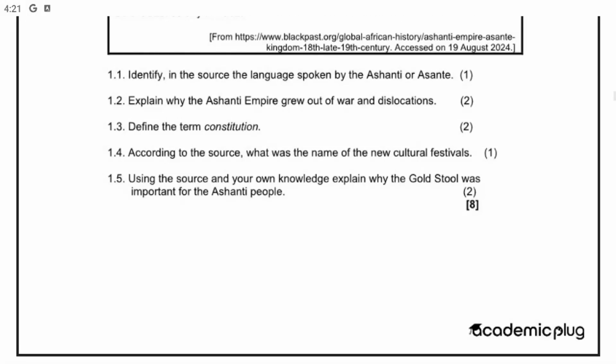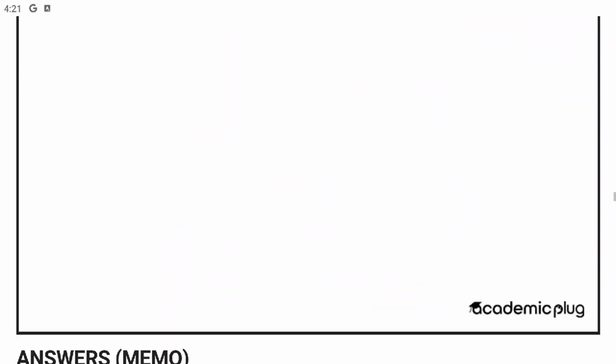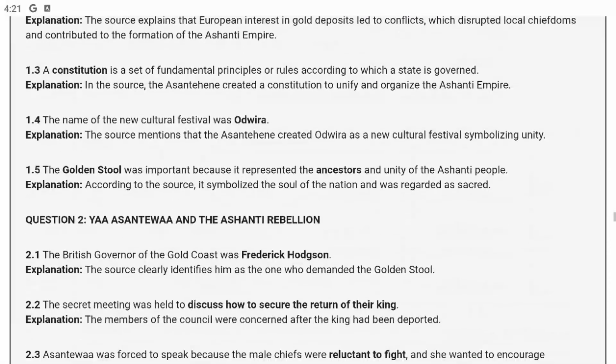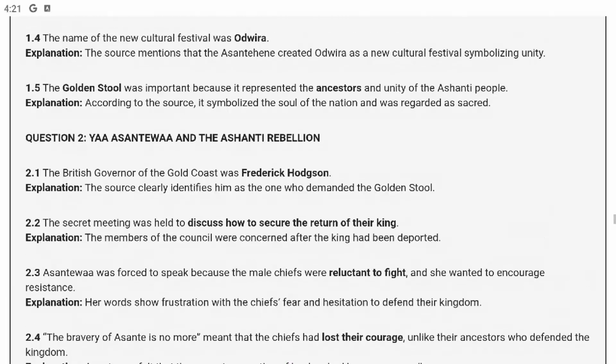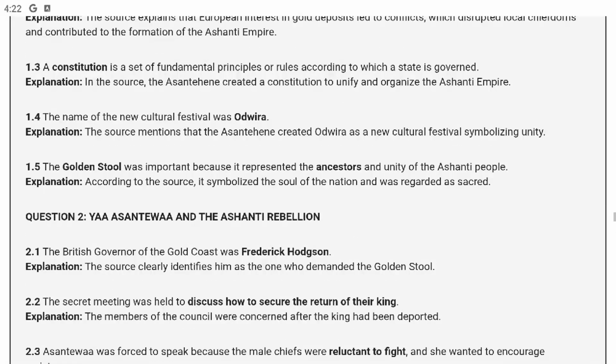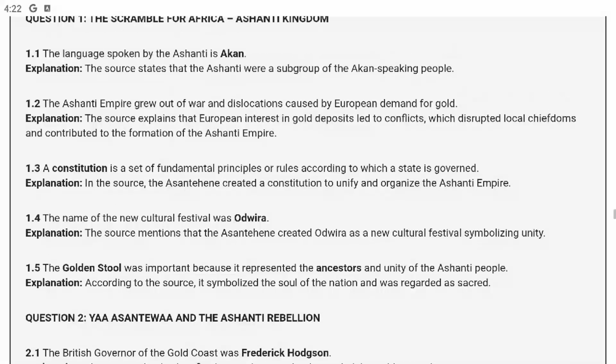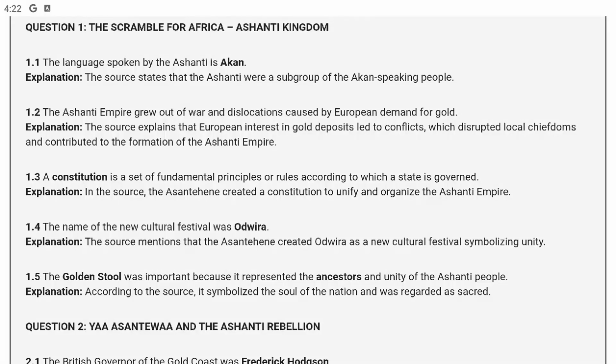1.3. Define the term constitution, 2 points. A constitution is a set of fundamental principles or rules according to which a state is governed, right? In the source, the Asantehene created a constitution to unify and organize the Ashanti Empire.